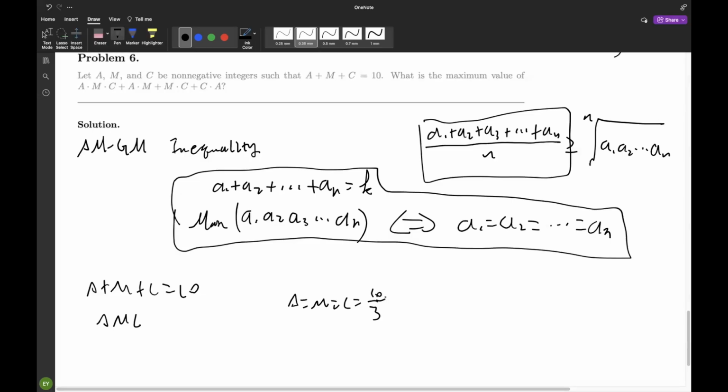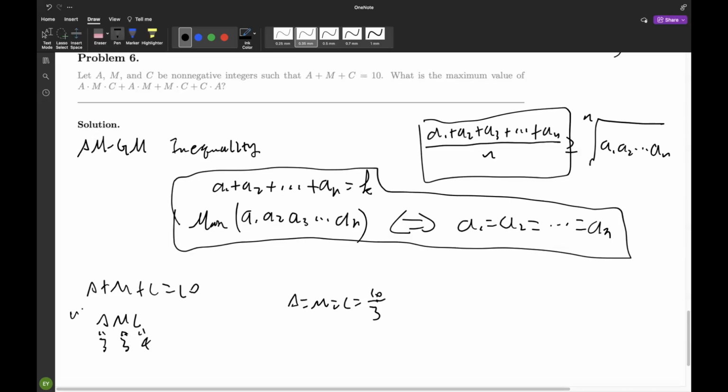However, this can't be true because they are integers. That means the closest we can have is 3, 3, and 4. Without loss of generality, let's say that A equals 3, M equals 3, and C equals 4.